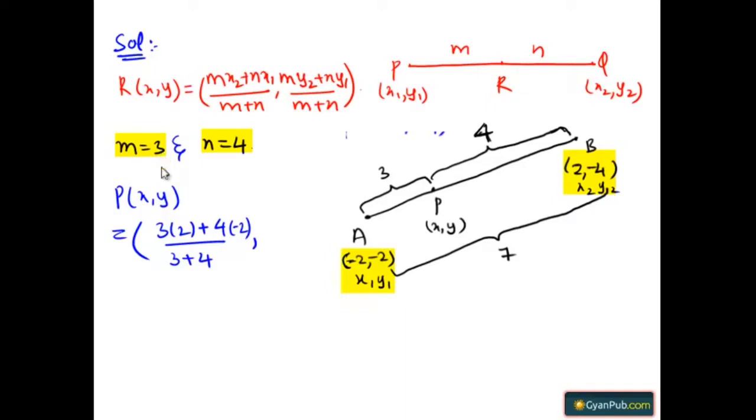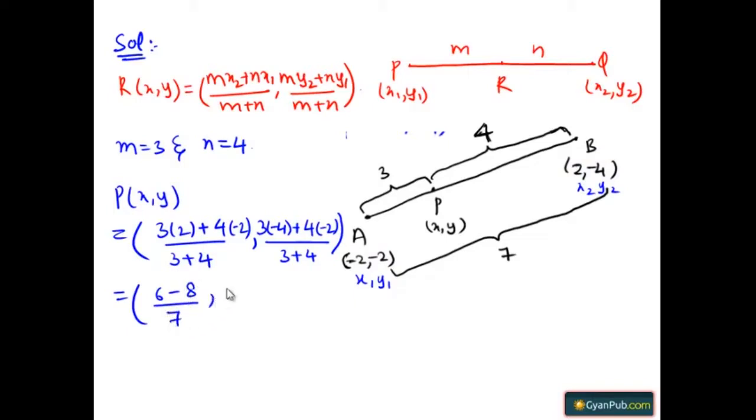my2 plus ny1, which is 3 times minus 4 plus 4 times minus 2 whole divided by 3 plus 4, which is equal to 3 times 2 is 6 plus 4 times minus 2 is minus 8 whole divided by 3 plus 4 is 7, 3 times minus 4 is minus 12 plus 4 times minus 2 is minus 8 whole divided by 3 plus 4 is 7, which is equal to 6 minus 8 is minus 2 whole divided by 7, comma, minus 12 minus 8 is minus 20 whole divided by 7.